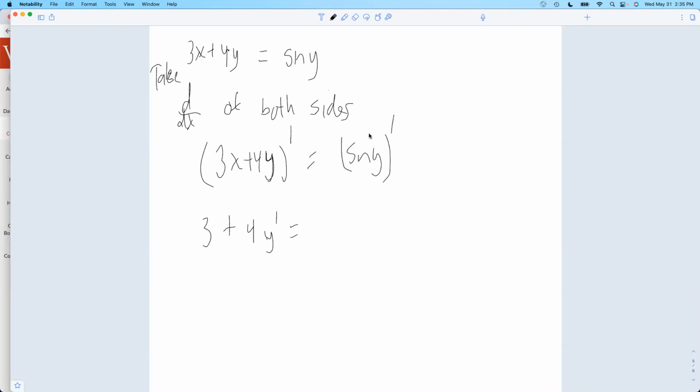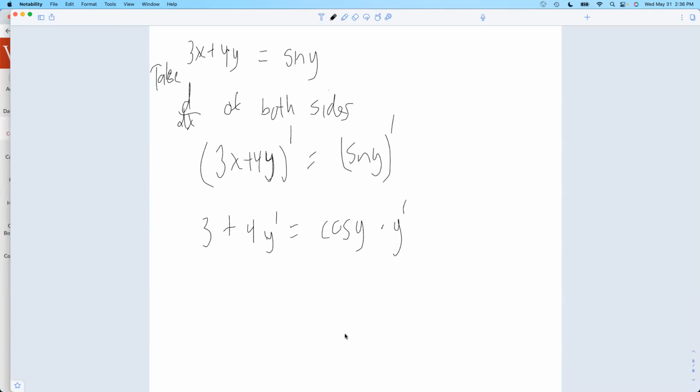The derivative of sine of anything is cosine of that same thing times the derivative of what's inside. What's the derivative of y? Y prime. So I take the derivative just like normal, but every time I take a derivative of y, I pick up this factor of y prime.